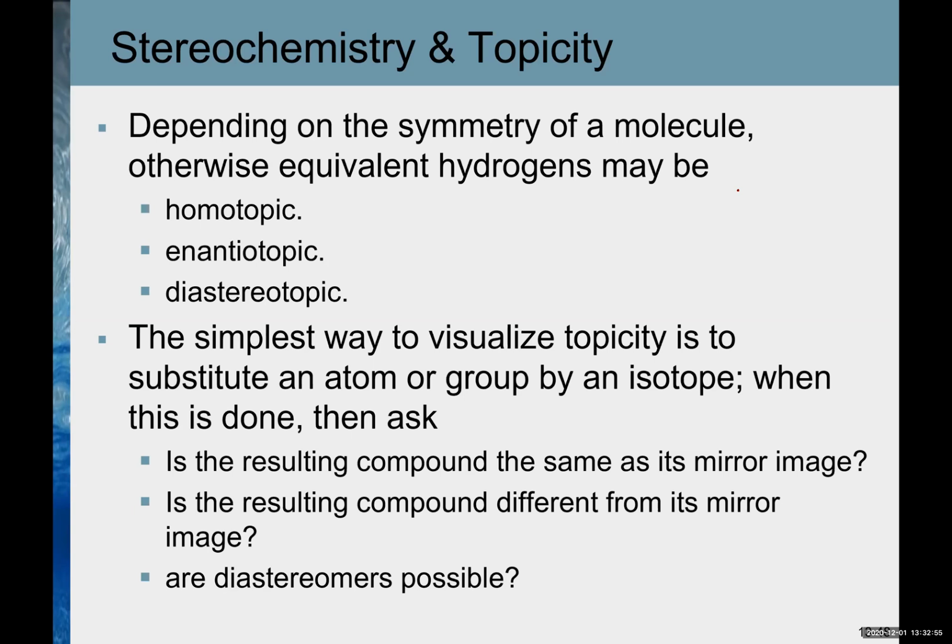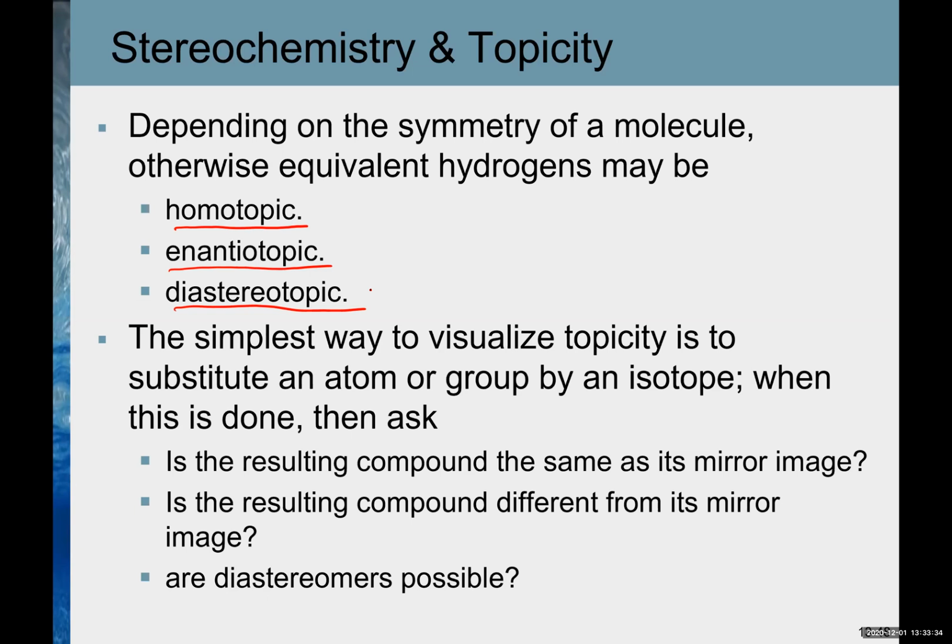Depending on the symmetry of the molecule, those hydrogens which may look equivalent symmetrically may fall into three separate categories: they may be homotopic, enantiotopic, or diastereotopic. In the beginning of this chapter, whenever there was symmetry, we just said they were all equivalent. But no, they may not be equivalent. They may be in these three categories. This is known as topicity.